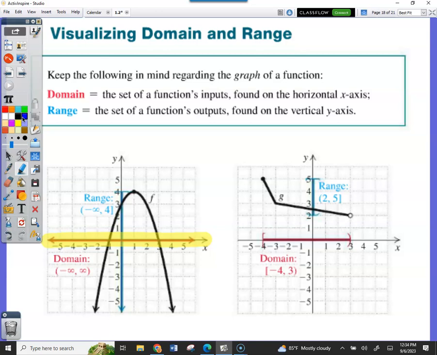No. What is the highest y value possible? 4. It's 4. And it's coming from negative infinity, and it's stopping at 4. So in terms of that graph right here, switch to pencil. The domain would be all real numbers.